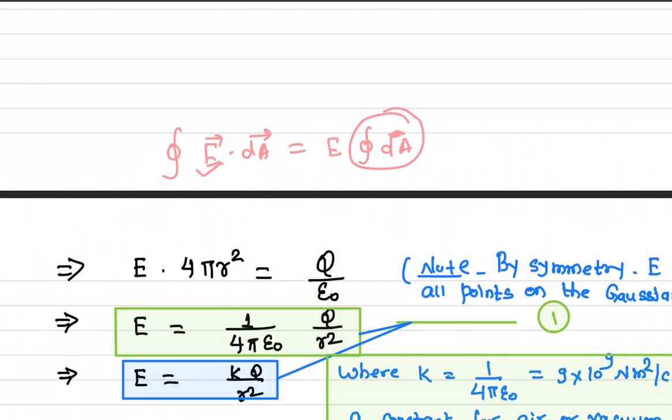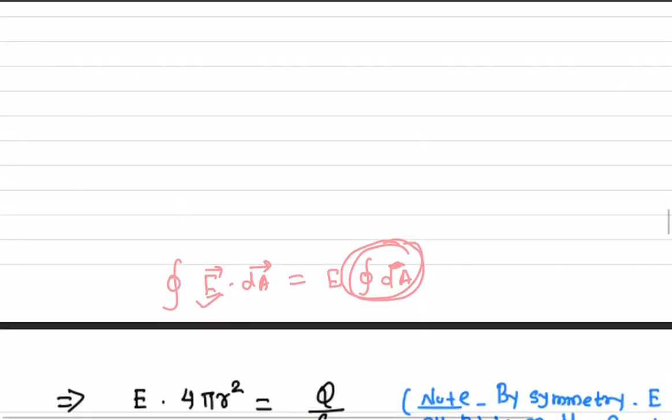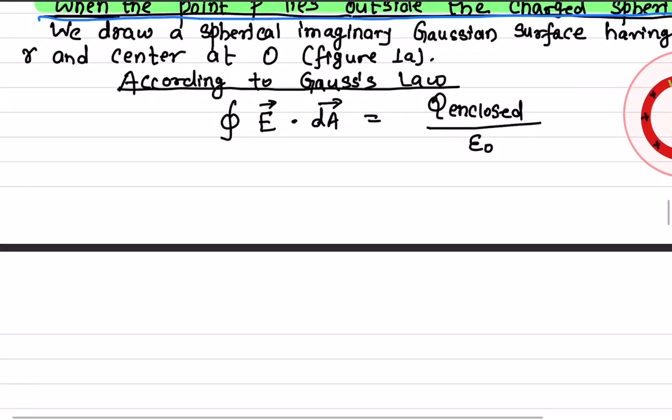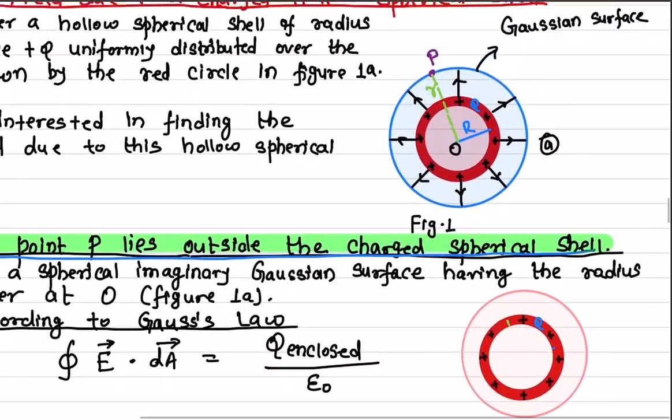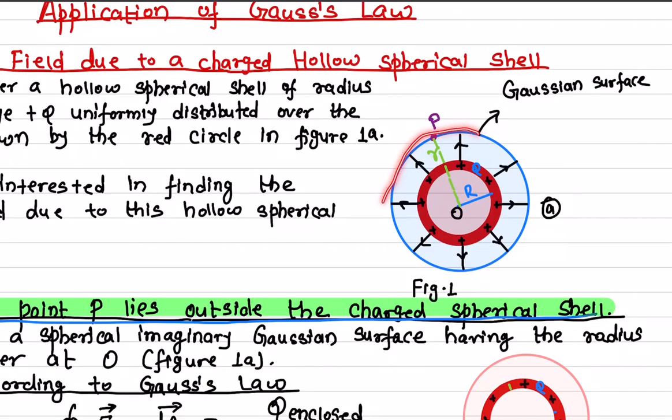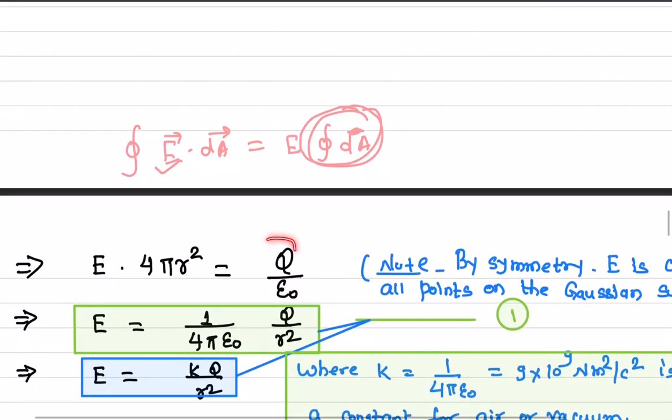This is the total surface area of the Gaussian surface, and this total surface area is exactly equal to 4 pi r square. That's the reason I have written 4 pi r square here. And if you look at the Gauss law, the Q enclosed, the total charge enclosed by this Gaussian surface, is the charge of the charged shell, which is exactly equal to Q.